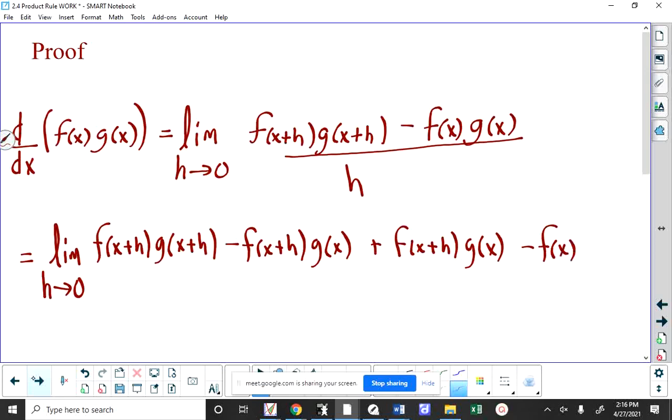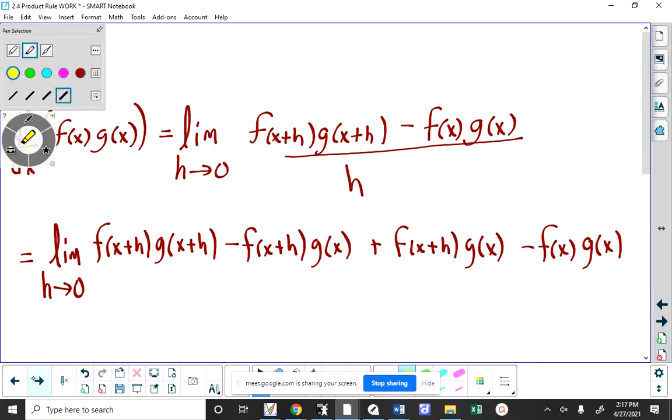Hope I got that right. Pretty sure I do. Why am I doing this? Well, first of all, the stuff that I've added in between those two terms amounts to 0, so I haven't changed the value of the expression.